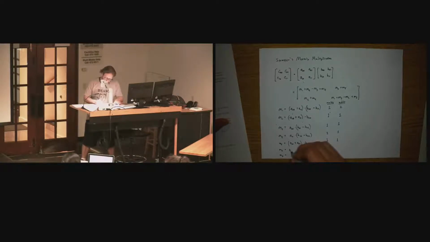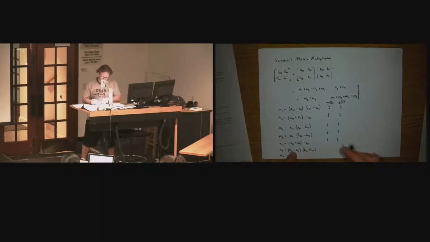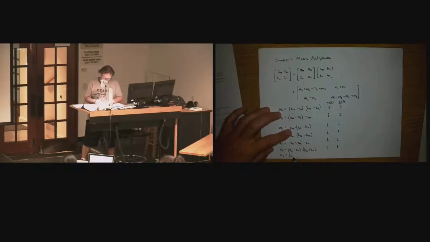And then M6 is A10 minus A00 times B00 plus B01. And so we've got 2 additions. Again, we're counting subtractions as additions, and only one multiplication. And M7 is going to be A01 minus A11 times B10 plus B11. And so again, oops, I should have said 2 additions over here and 2 additions down here and one multiplication here.